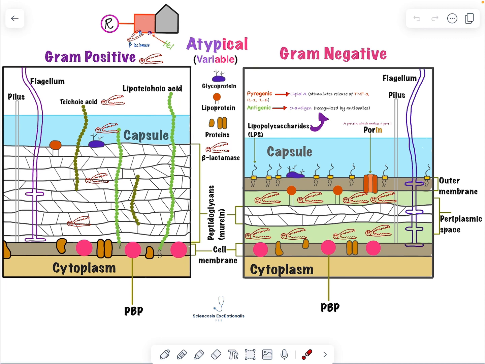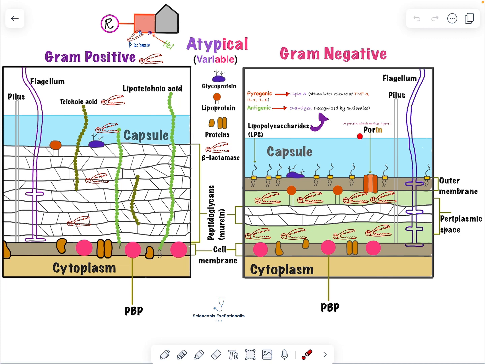It is not actually, because in gram negative, they have an outer membrane which prevents the release of beta lactamase outside the cells. So they are highly concentrated in the periplasmic space. There are tons and tons of beta lactamase, as you can see here, waiting for their enemies, the penicillins.